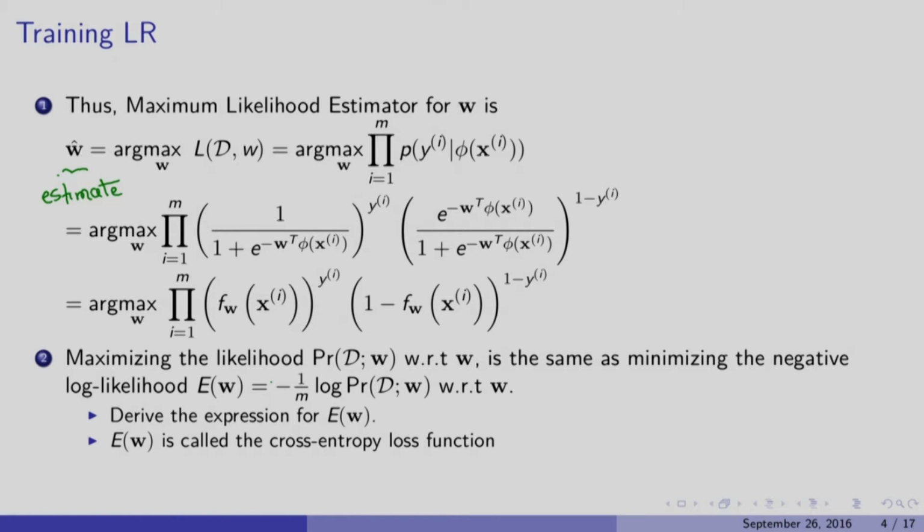Now one can make transformations to the objective and look at equivalent formulations yielding the same result, the same maximum likelihood estimate. So for example, one can look at minimizing the negative log likelihood, that is E(W) is minus 1 by m log of probability of D comma W. Now you can derive the expression for E(W) and you realize that this is actually a cross entropy loss function.